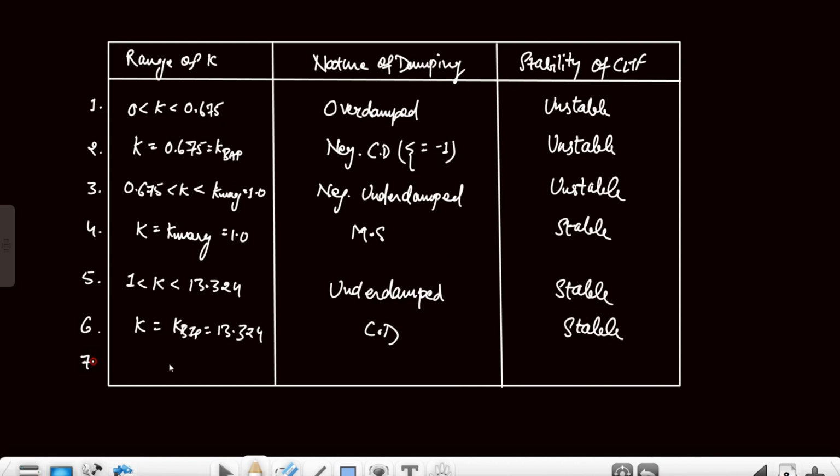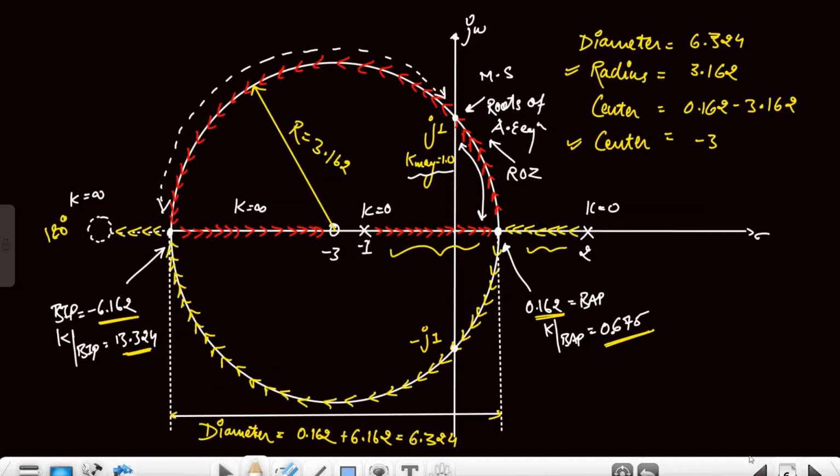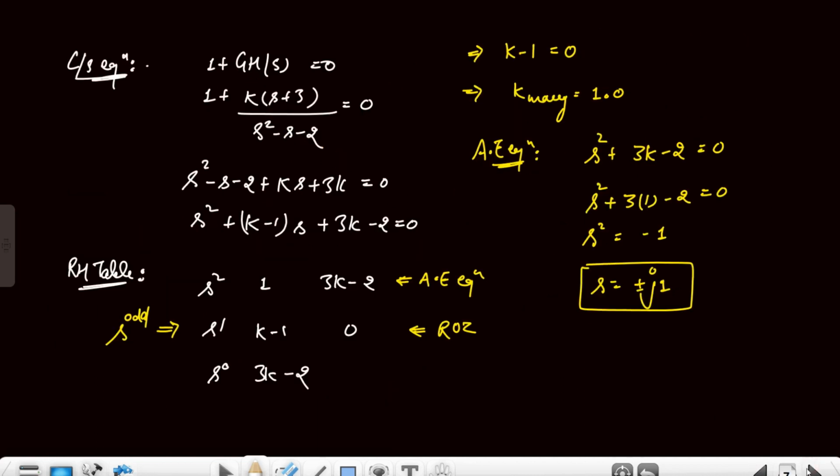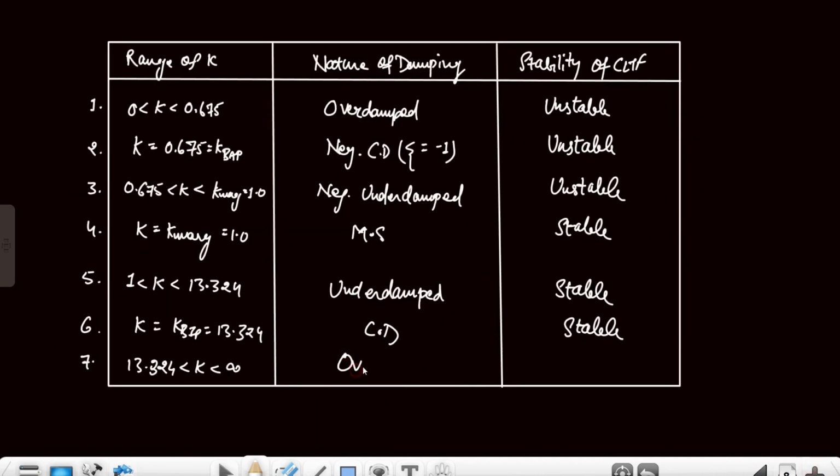And the final range is when k is greater than 13.324, which is the overdamped case, and this is representing a stable CLTF.